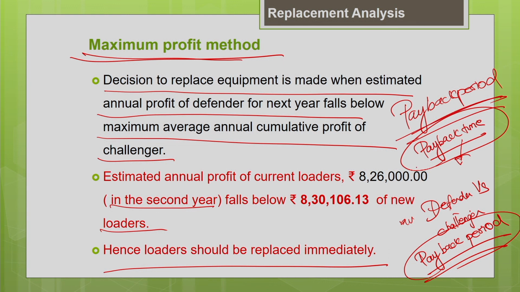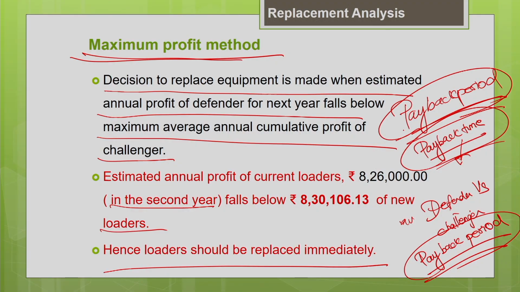This is also not very rational when compared to the minimum cost method or maximum profit method, because in this method we are not looking into what is happening beyond the payback period. We are not analyzing that in detail. That is why we cannot solely depend upon the payback period method. We have to compare its conclusion along with other methods like the maximum profit method or minimum cost method.